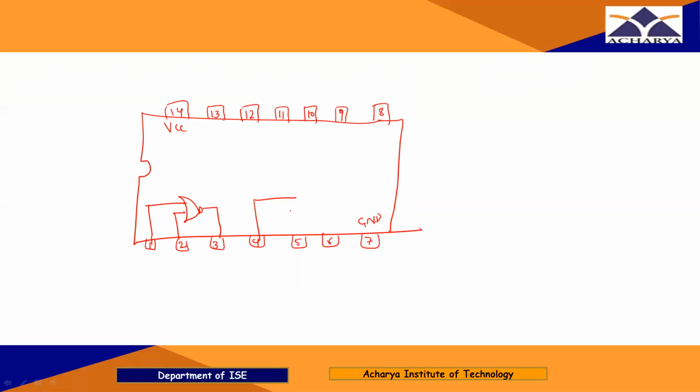So pin number 4, pin number 5 are the inputs of the second NOR gate, pin number 6 is the output. 9 and 10 are the inputs and 8 is the output. 12 and 13 are the inputs of the fourth gate and 11 is the output. The IC number is 7402, right? So this is how we are going to identify the pin numbers for the gate, right?